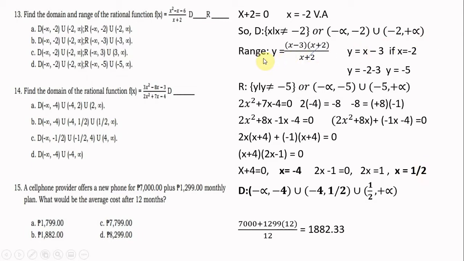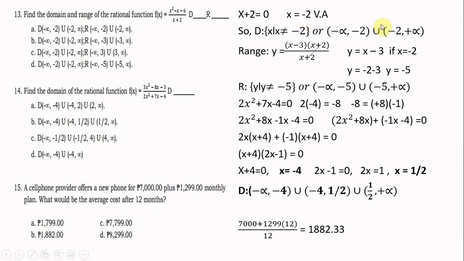Okay, to get the range, all you have to do is solve. So y equals, factor out this x squared minus x minus 6. That is actually (x minus 3) times (x plus 2) over (x plus 2). So cancel out x plus 2. Our remaining is y equals x minus 3. So find the value of y when our x is negative 2. This negative 2 is the vertical asymptote, the restricted value of x.